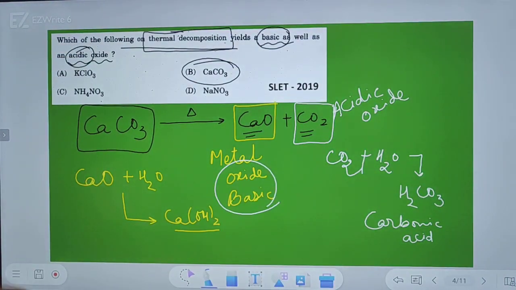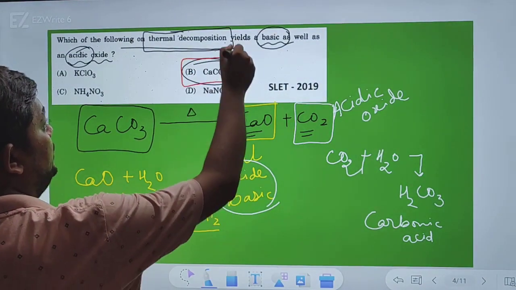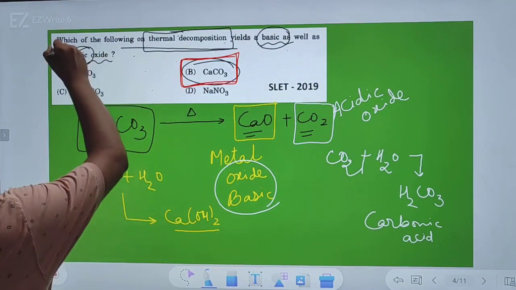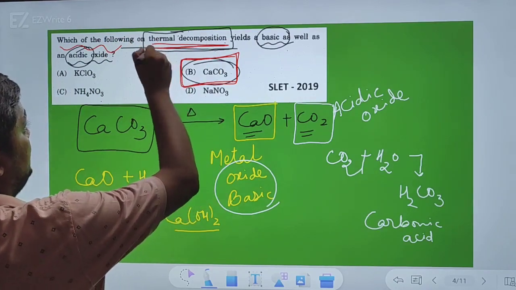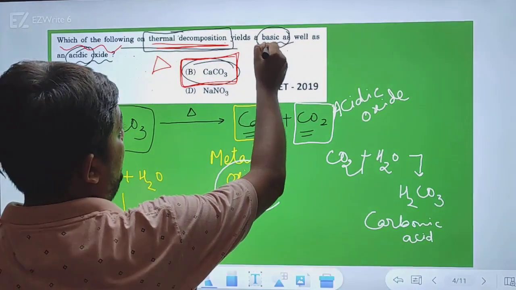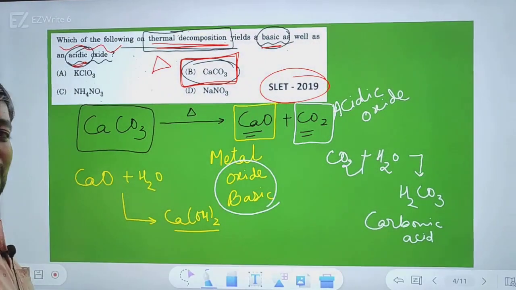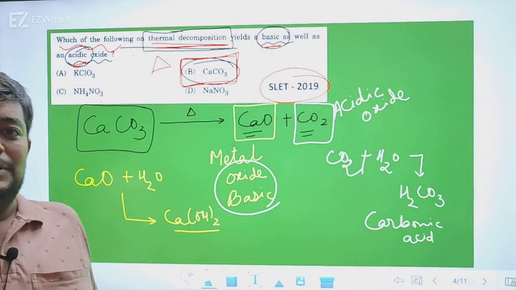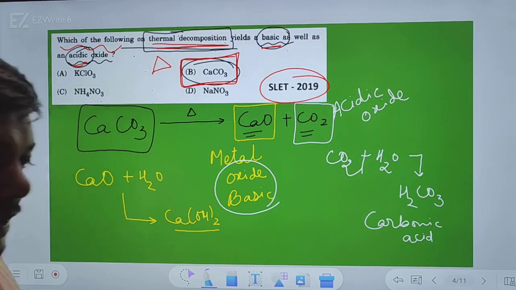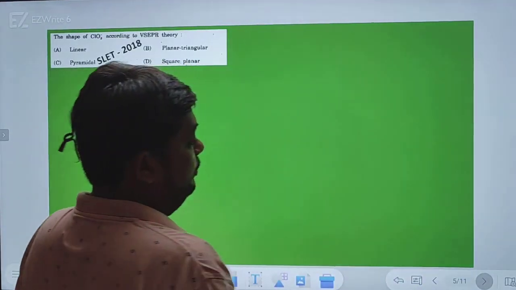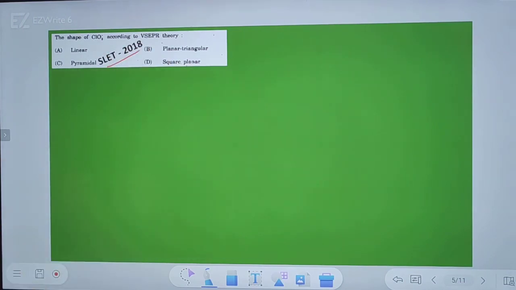So definitely yes will be our answer to the choice. Calcium carbonate is a material which on thermal decomposition, that is simply heating, will result in a basic as well as an acidic oxide. SLET 2019, a very simple question. I hope you are getting it. Let us move with another question, SLET 2018.